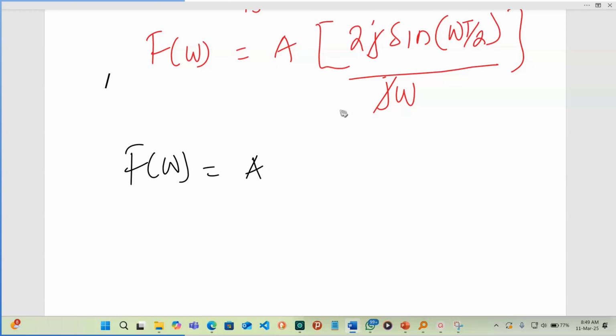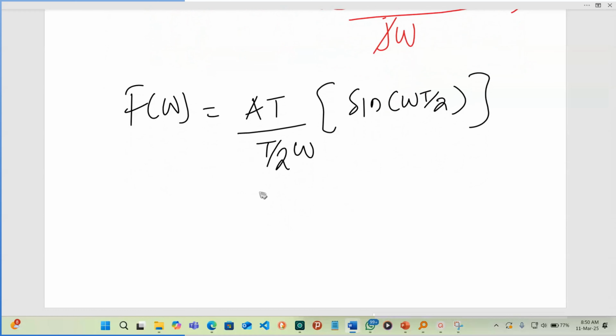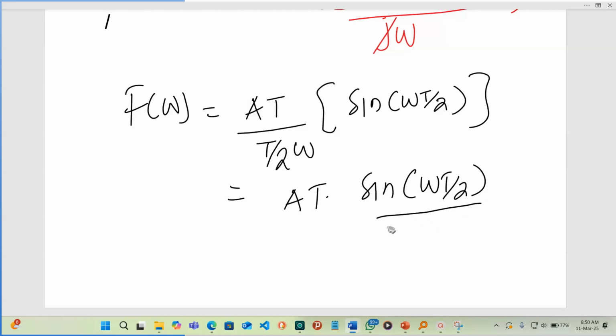So let's do much more manipulation here so that we have this A. Let us assume we have A times T divided by T over 2 omega into sine omega T over 2. So this obviously gives us something like A times T times sine omega T over 2 divided by T over 2 times omega.